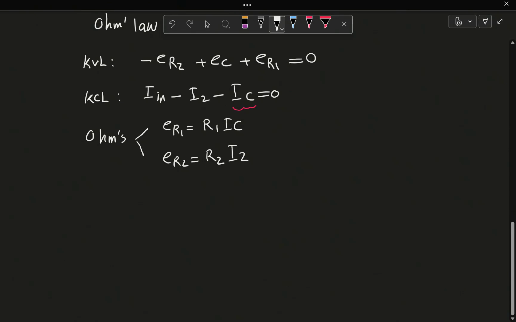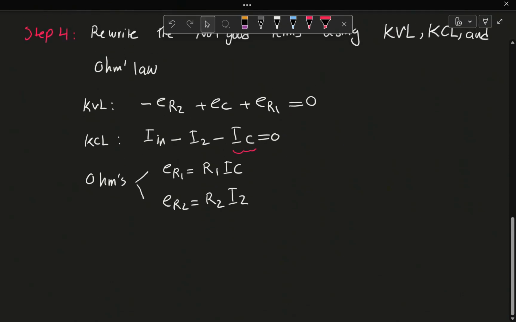So basically, you have these equations, and you notice that what you're looking for is rewriting IC in terms of your good terms. If you look at this equation, by substituting ER1 here and ER2 here, you will get two equations.